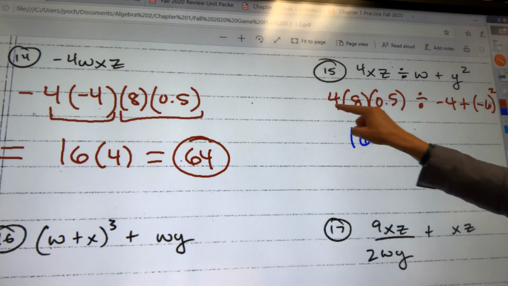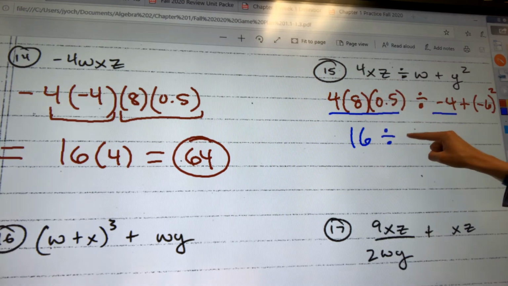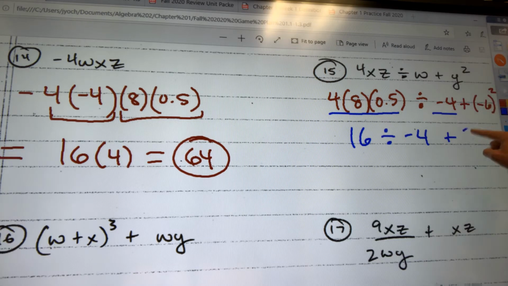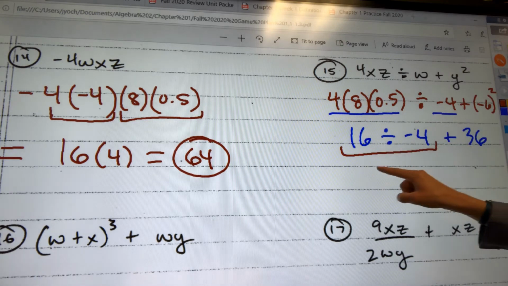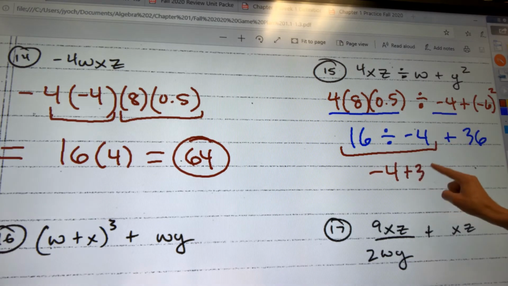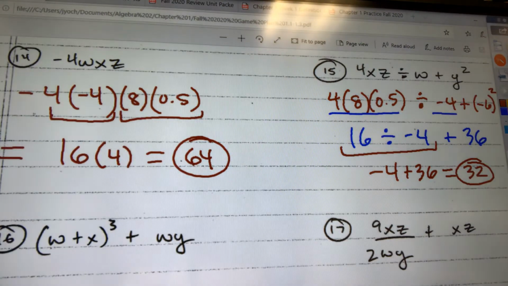So again, I have multiplication, then I have division. I need to do the multiplication first. Next comes the division. Now I do have an exponent. It's all by itself, so I can handle it by itself. -6 squared is 36. All right. We'll do that division next. That's -4 plus 36 is 32. All right. Order of operations.